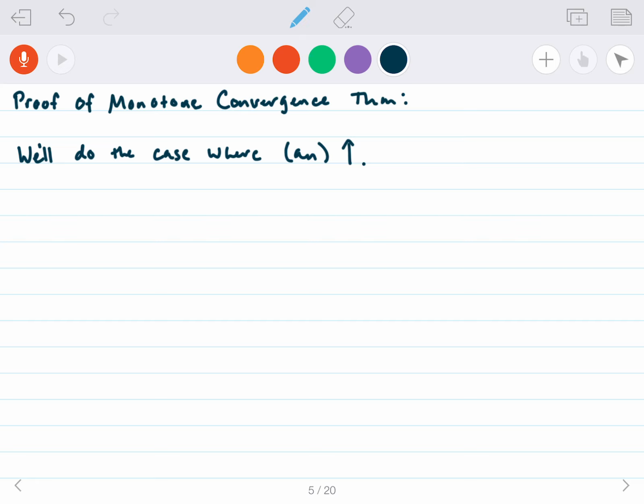Okay, so we have two cases that we need to work with. The first one is if our sequence is increasing and unbounded, and the second one is if our sequence is increasing and bounded. And so remember what we're trying to show.